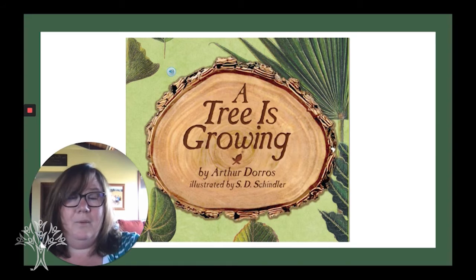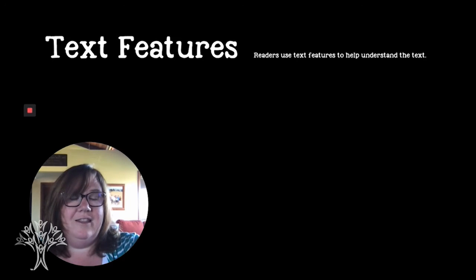You may already have read this text with Mrs. Stumbaugh earlier this week. We're going to look at it more closely to really focus on text features. Text features are what readers use to help understand the text. In this story, we will see several features that the author has included to make it more interesting.